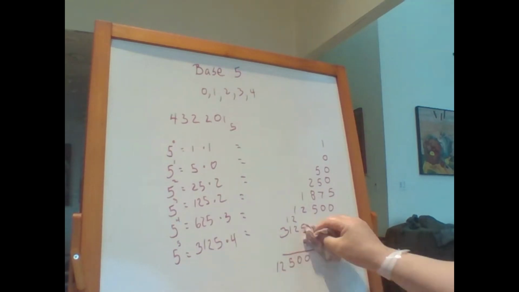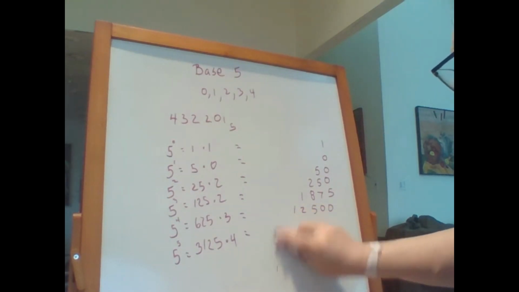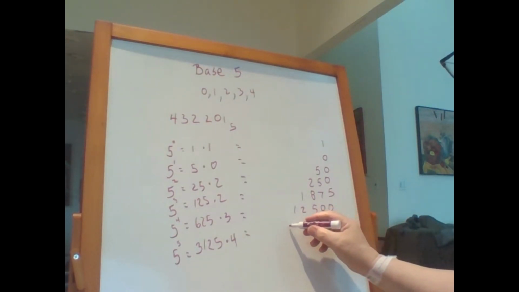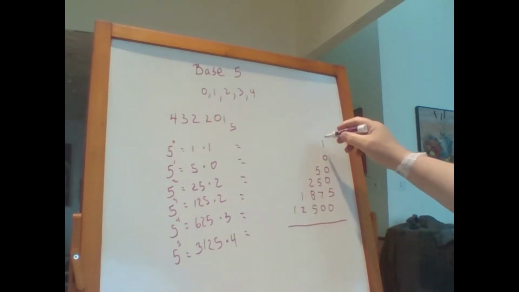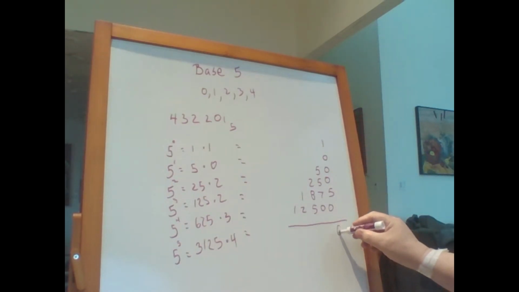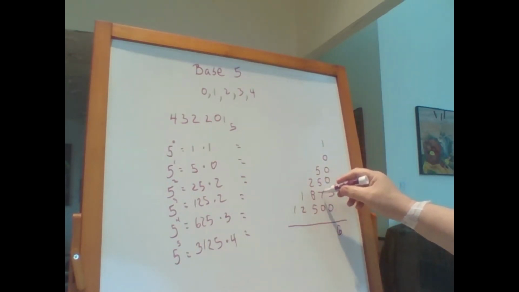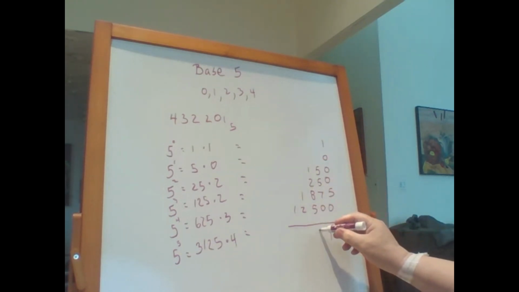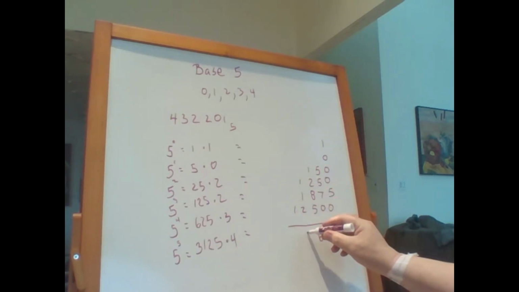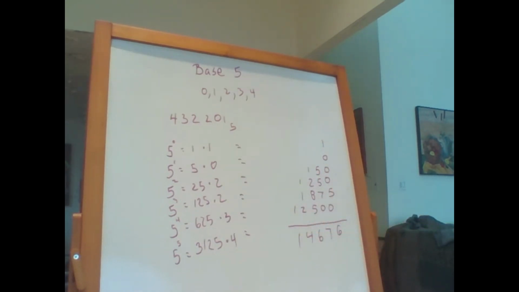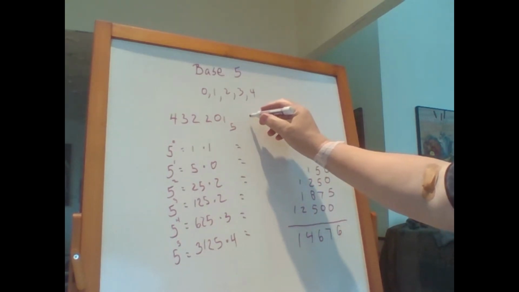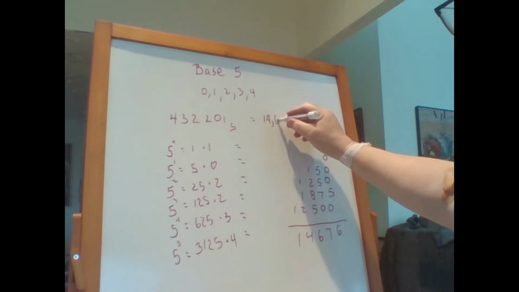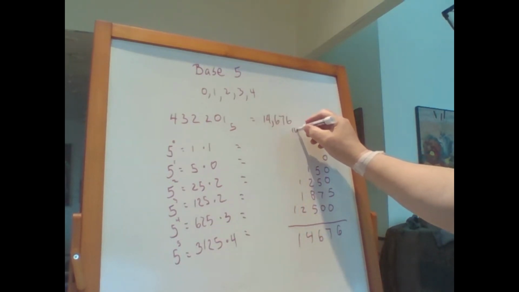And now we add these up, and we find what base 10 is. All right, so we have 10, 17, 10, 16, 4, and 1. So this number is equal to 14,676 base 10.